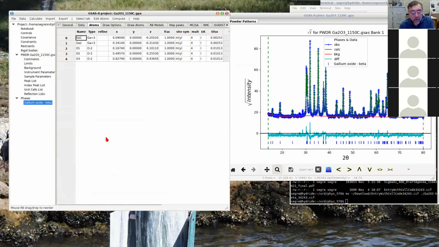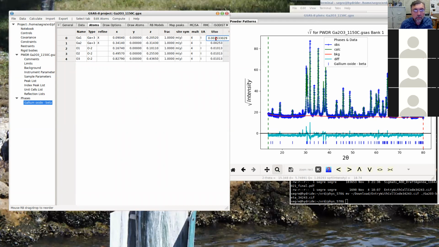So in this structure, you notice that all these parameters can be variable. And so the first thing I'm going to do is allow the x coordinate of these to vary. And then since I know my instrument, this is probably way too small.